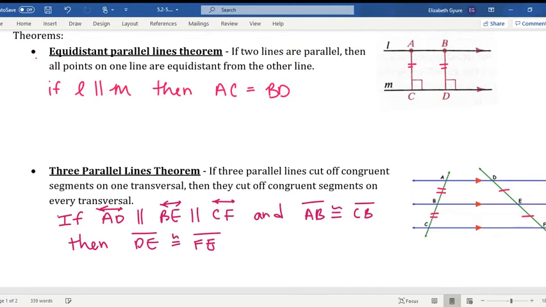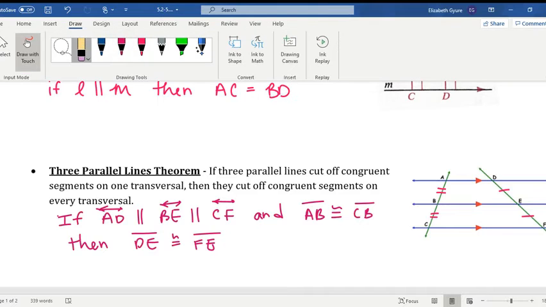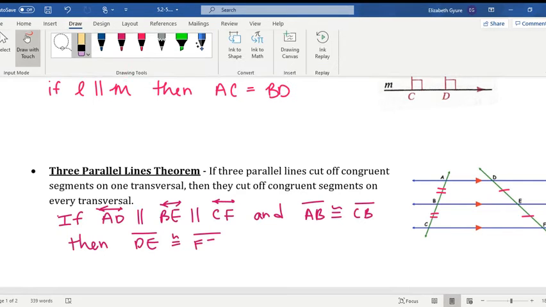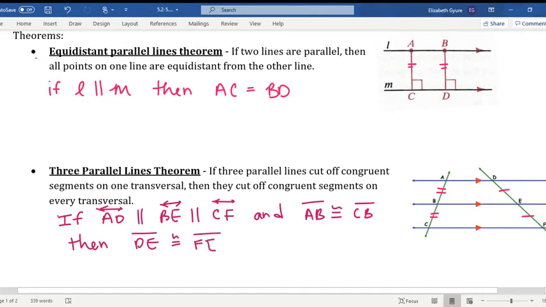That's what that's saying. If they're parallel and they cut off congruent parts on one side, they cut off congruent parts on the other side. And that's an E. I know that's a very sloppy E. There. Good.